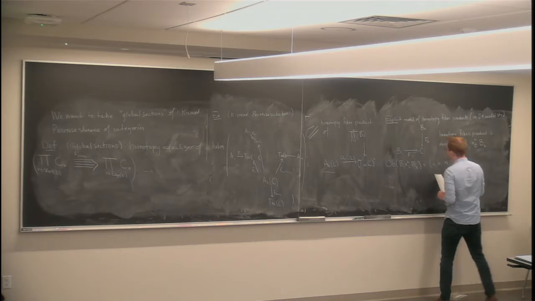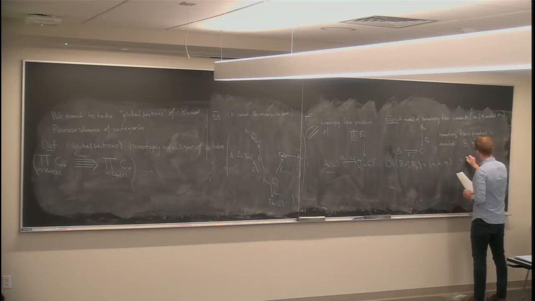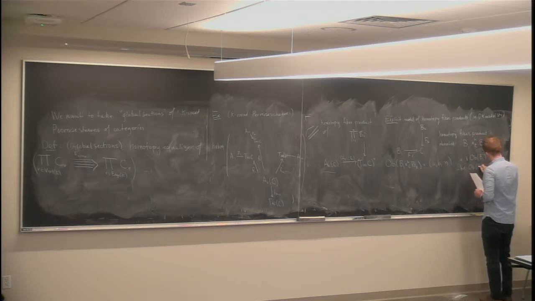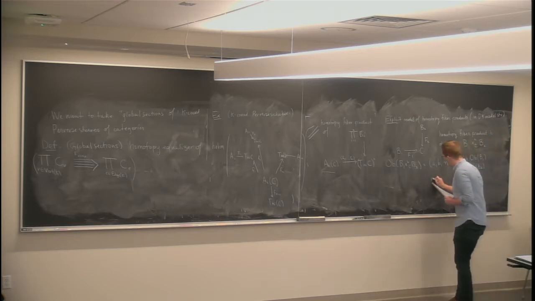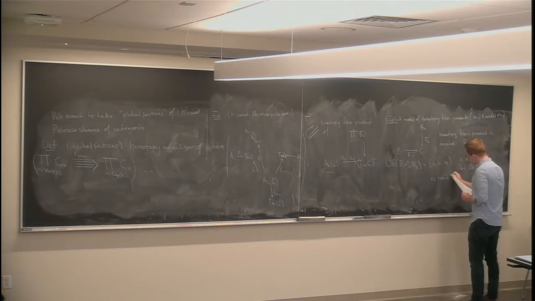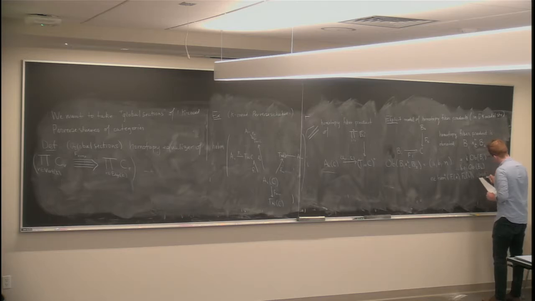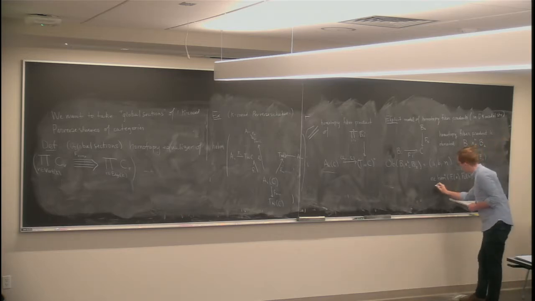So N, A and B, where A is in the objects of B1, B is in the objects of B2, and N is in Hom from F1 of A to F2 of B, is closed, and also N is a quasi-isomorphism.